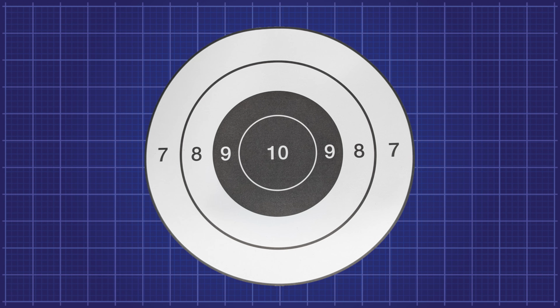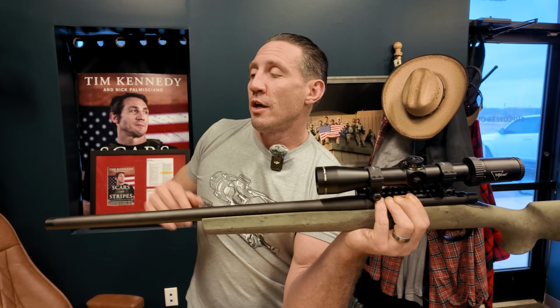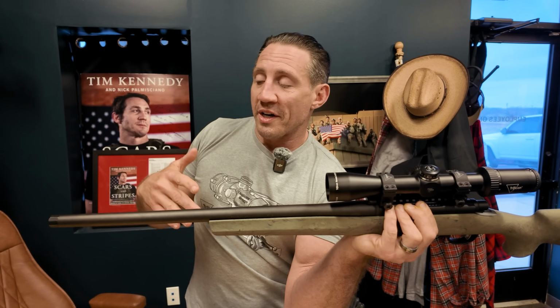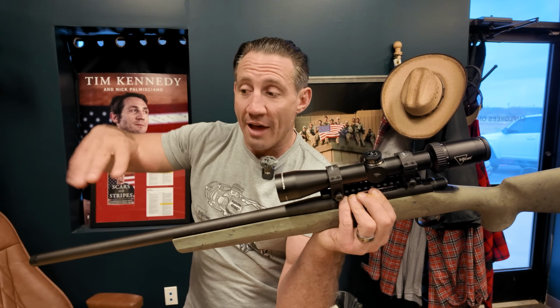So let's say I shot and I had a nice tight, like sub 1 inch group, and it was 1 inch below the direct center of my target. I could click up 1 click and it would bring that group up 1 inch to be in the direct center of the target. So whether you're using mils or minutes of angle, as a unit of measurement, you can make those adjustments.